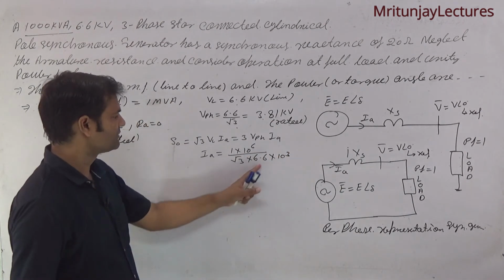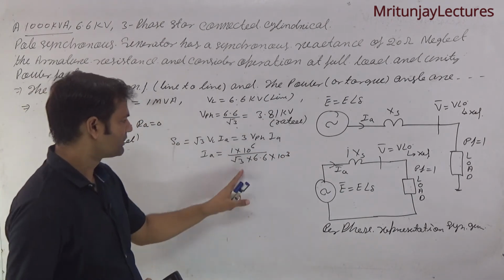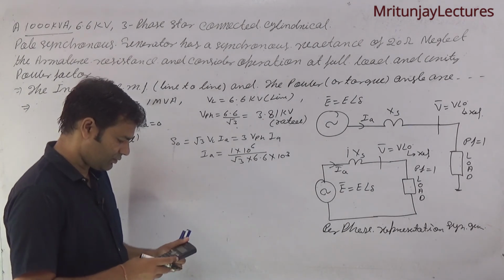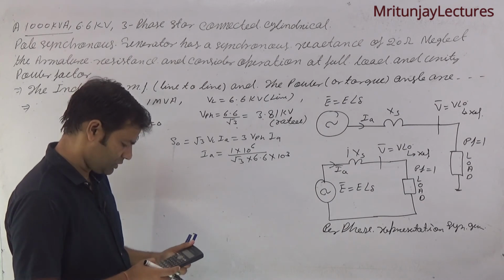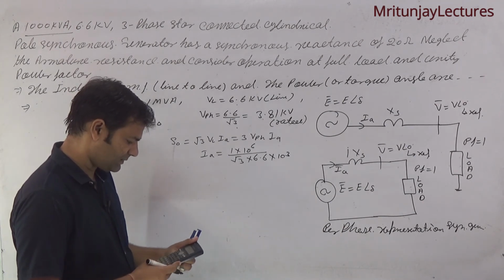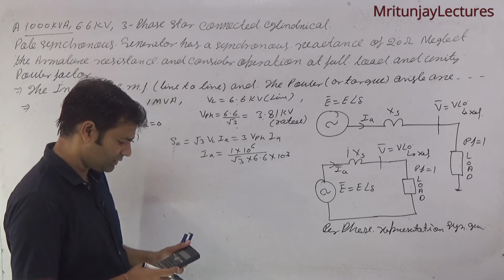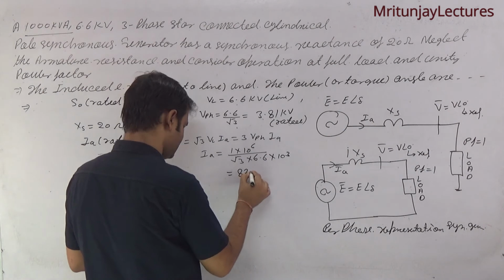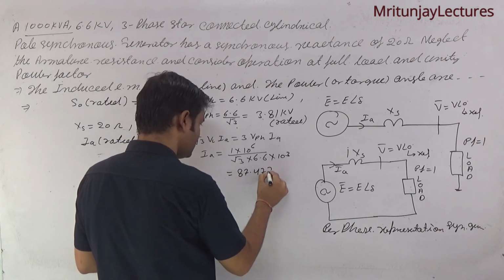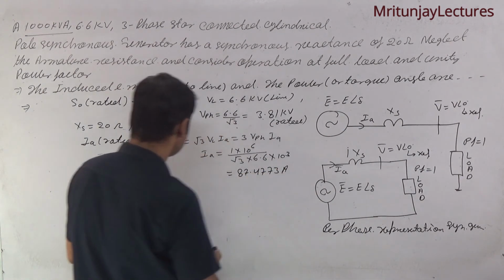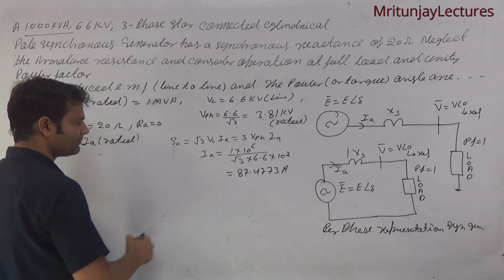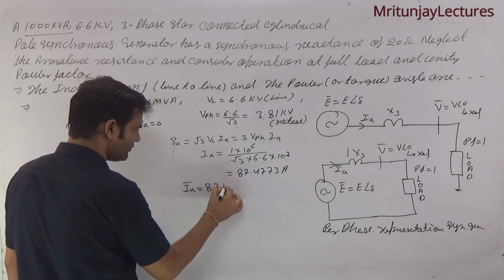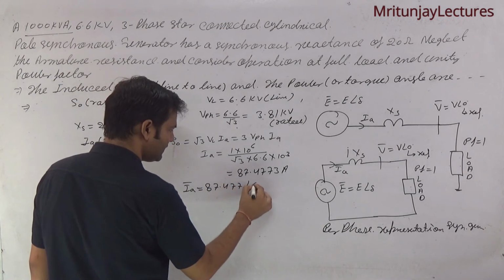That is 1000 divided by root 3 into 6.6, which is 87.4773 ampere. Power factor is 1, so IA is 87.477 at the angle 0 degree.